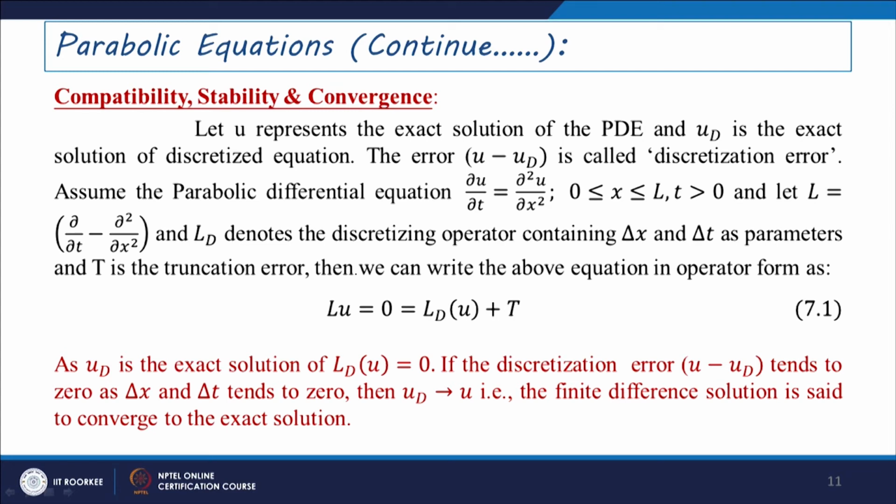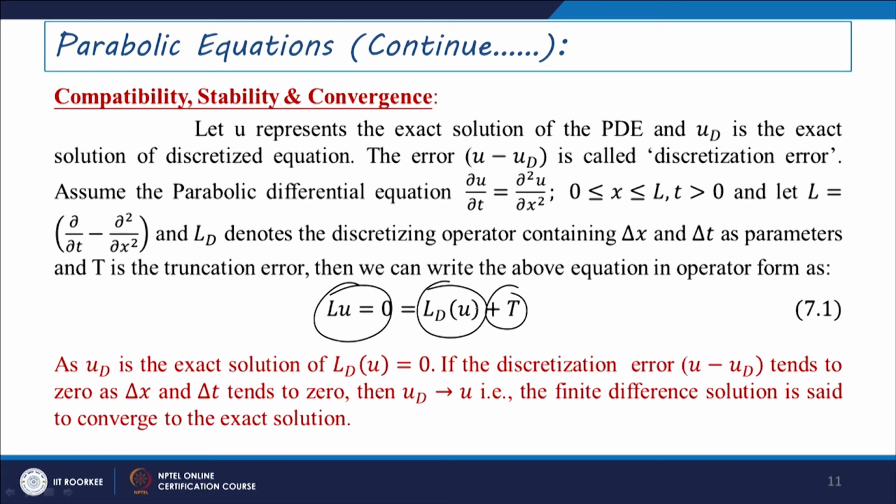Then we can rewrite the above operator as LU equals 0, that is nothing but the discretized solution plus the truncation error. So we write LU equals 0, which represents the solution in the discretized operator form plus the truncation error.